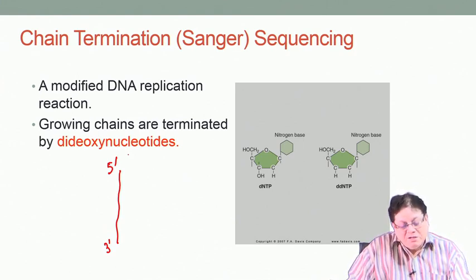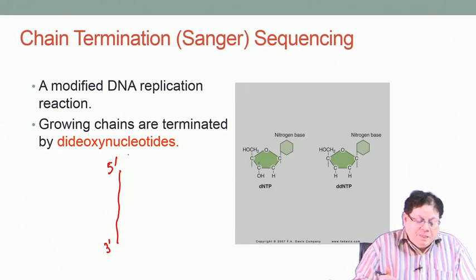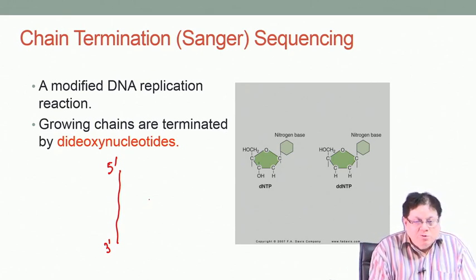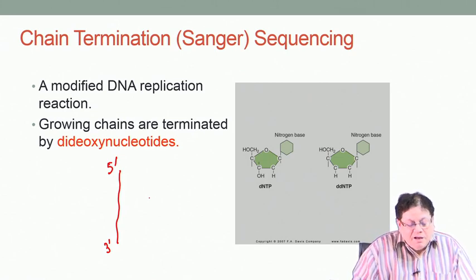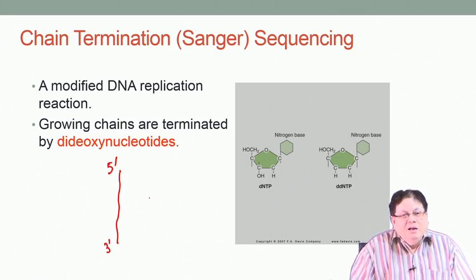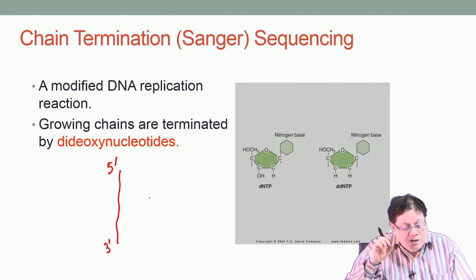Suppose we have this DNA strand and we want to know the base sequence in this strand. So, we have to use the DNA polymerase in order to make the complementary DNA, but there are certain important points that one needs to consider.